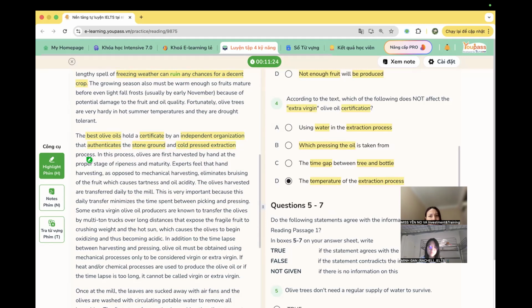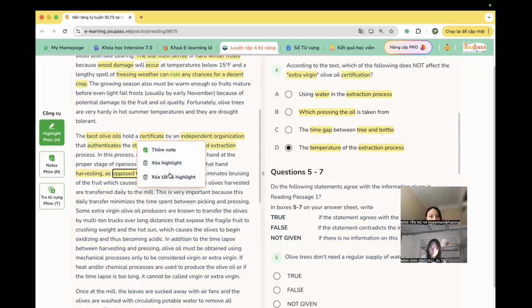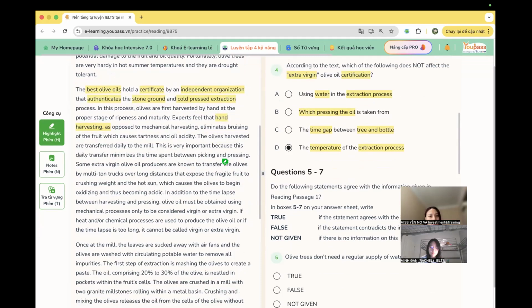There's no water in this extraction. Yeah. Is hand harvesting. Oh, no. It's hand harvesting. They don't mention the water. Time lapse here. This one already mentioned, we spread the oil taken.